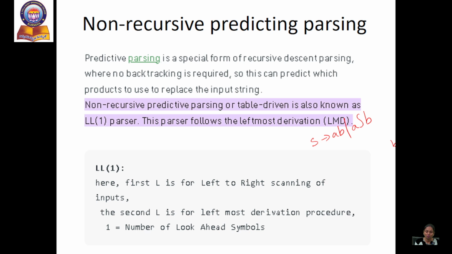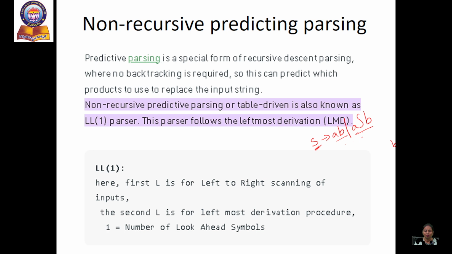Before substituting AB or ASB in the place of S, it chooses the one that matches the input string for the construction of the parse tree, which is not possible in the backtracking method.